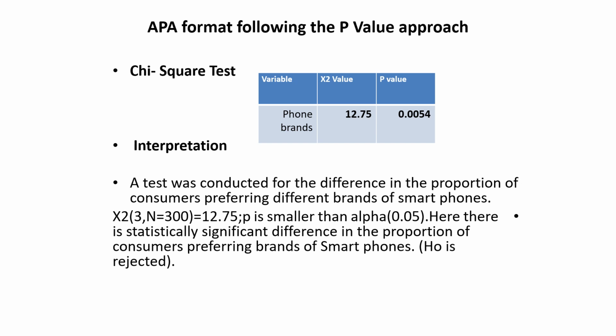The number of participants equals 300, and 12.75 is the chi-square value. The p-value is smaller than alpha, as can be seen in the table. There is a statistically significant difference in the proportion of consumers preferring brands of smartphones, so the H0 is rejected.